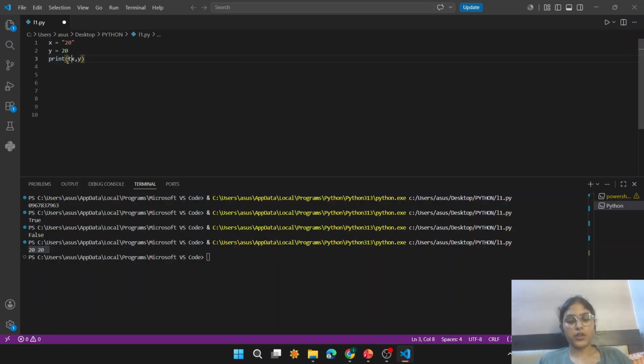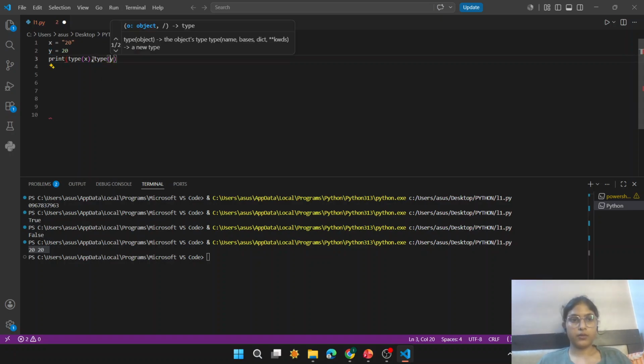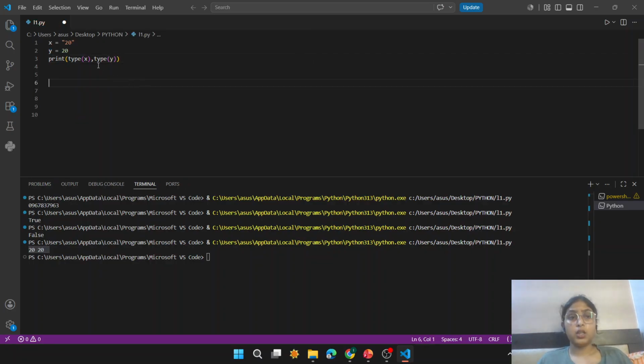Okay. So how do we use it? Remember, you can use a function inside a function. We are using the type function and it is enclosed in the print function, so you don't have to worry. Remember, whatever data you want to get the type of, for example, you want to know the type of x, inside the braces there should be x.